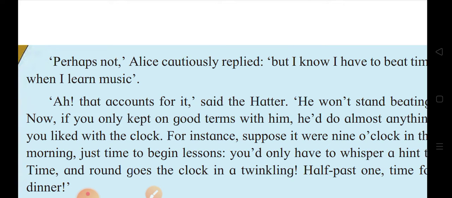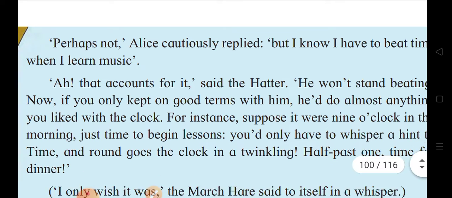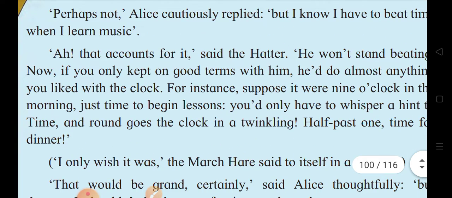When you are busy with something you like, for example, you must be having different hobbies, and when you practice your hobby, you forget everything. So she says here that when she is learning music, she forgets time, or she beats time. "Ah, that accounts for it," said the Hatter.